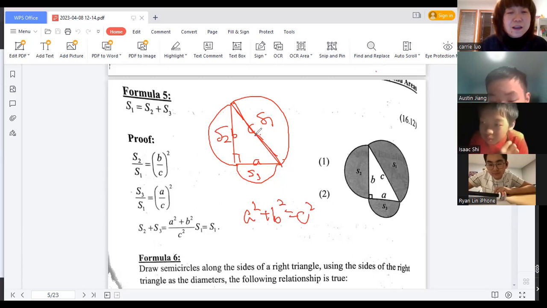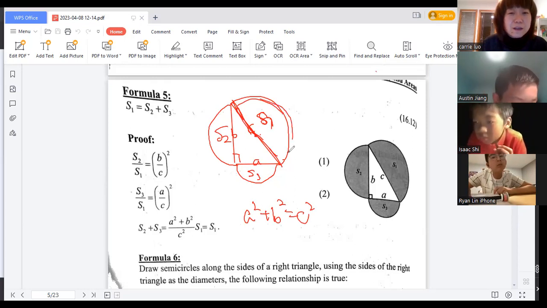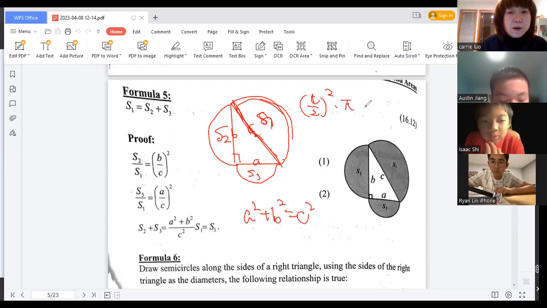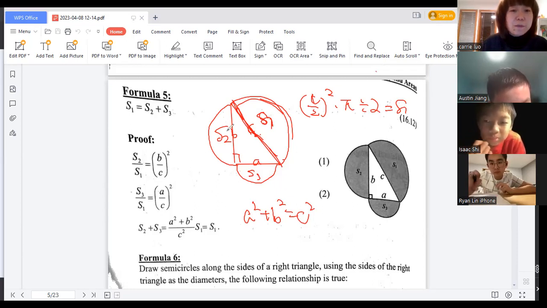C is the diameter of S1, so half C is the radius of S1. So half C squared times pi divided by 2 equals S1. If you write out S1, S2, S3, you'll find they are related to A, B, and C. So the relationship is S2 over S1 equals B over C squared.